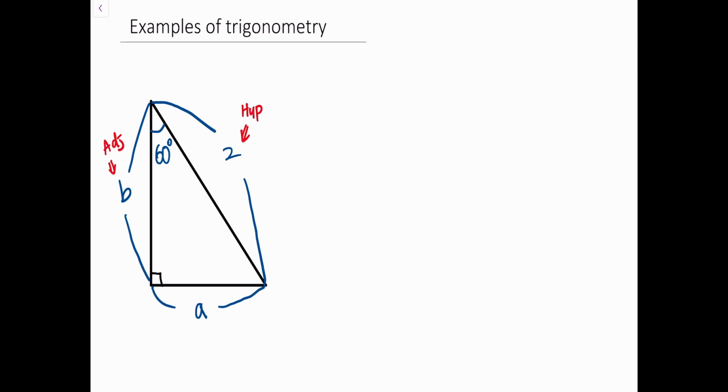The opposite side of the angle 60 is A, and now we are all set to calculate the unknown values using the trigonometric ratio.